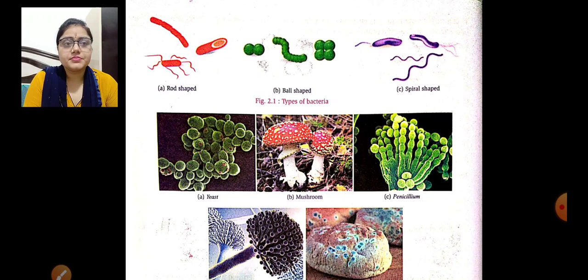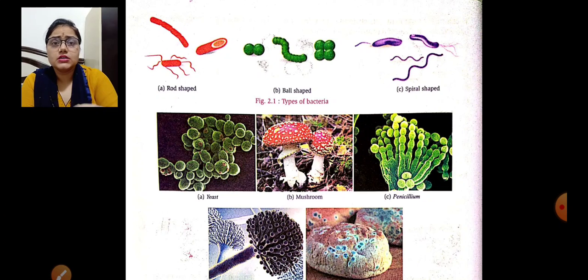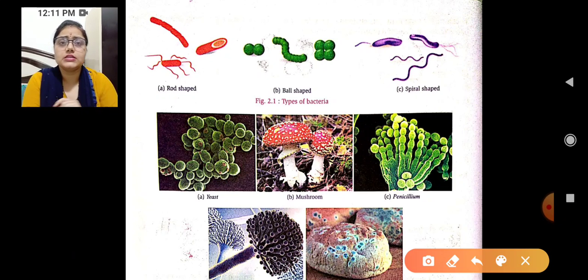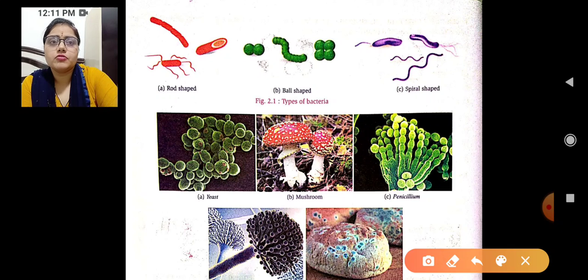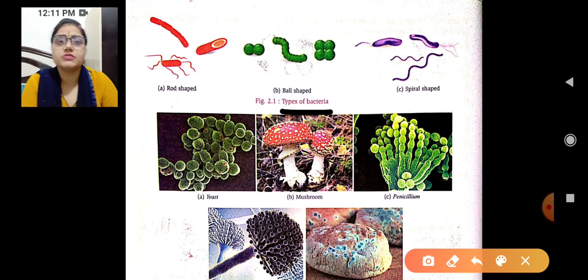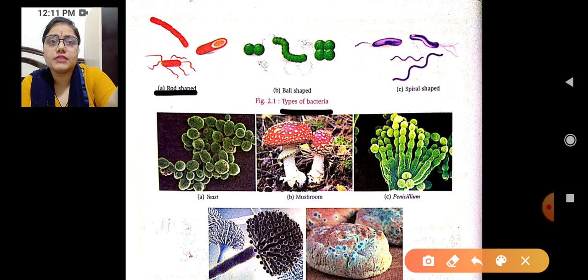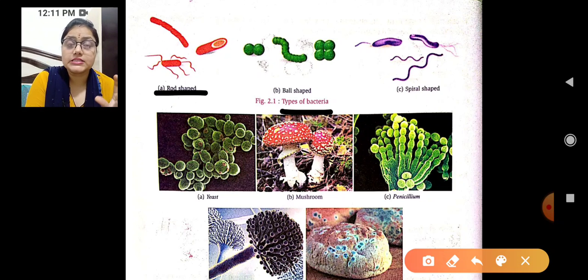Now, moving ahead, the next topic has some diagrams related to bacteria, fungi, and protozoa. First, we have diagrams of the types of bacteria. First is the rod shaped bacteria.